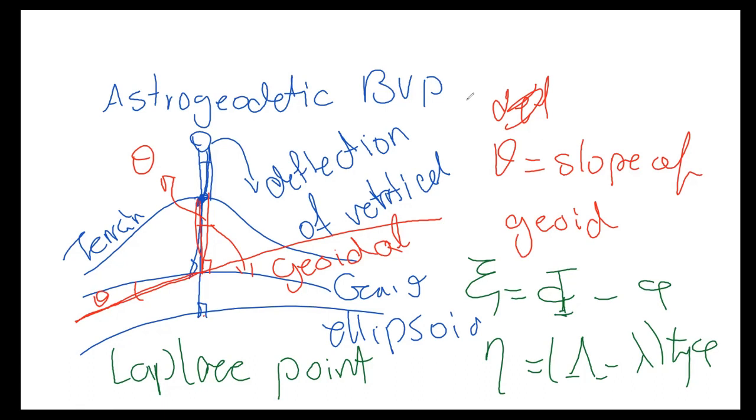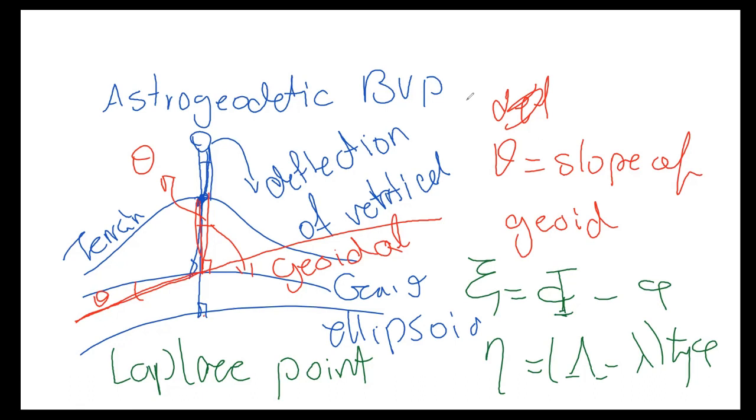So astronomical coordinates inherently have the gravity inside. They are affected by the gravity field. It's like the geoid height that you can measure by altimetry.